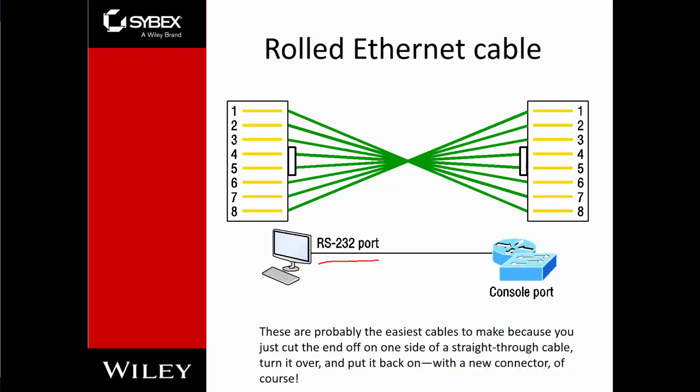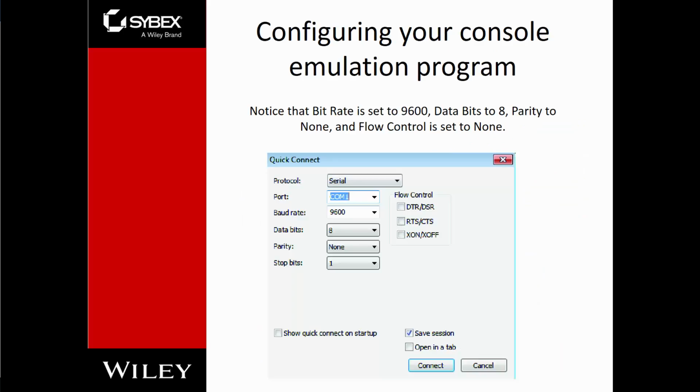So once we plug it in, what happens then? We normally will set some type of quick connect flow control for our serial. Normally we're looking at a 9600 baud rate, 8 bits, no parity, and 1 stop bit.